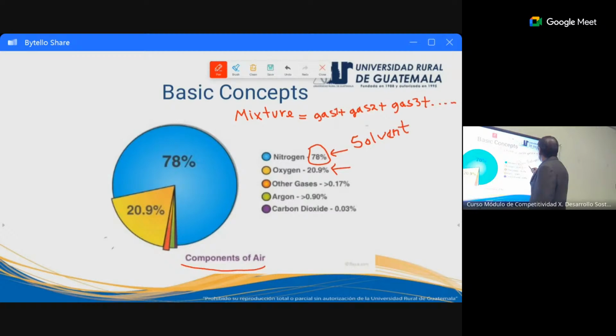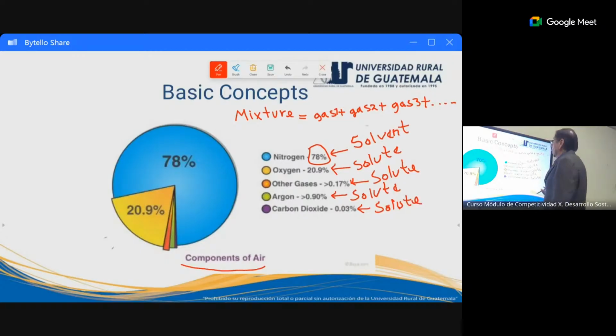That we're going to say that it is a solute. Okay, solute. Another gas like this one here that would be another solute, or the argon here that will be another solute, and carbon dioxide, this one here, that will be also another solute.